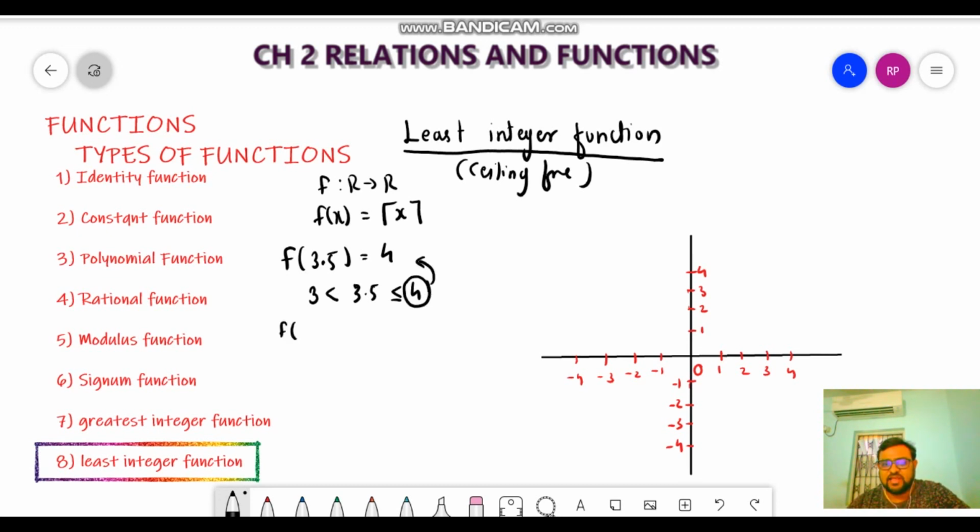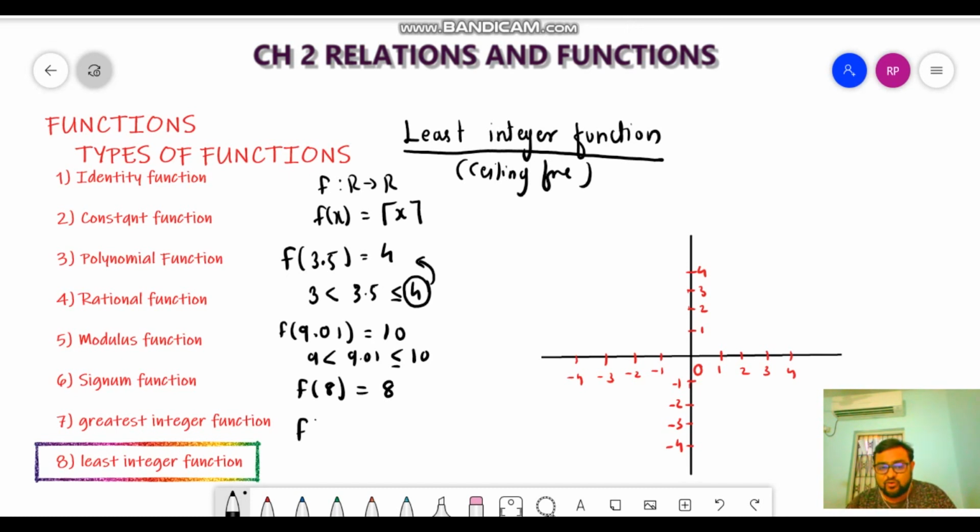Similarly, if I take f of 9.01, then 9 is less than 9.01 less than or equal to 10. So here we will take the value of the right side, 10. F of 8 I will take, it will be 8. So in both the greatest integer function and the least integer function, if the value of x is an integer, then the answer will be the same, right?